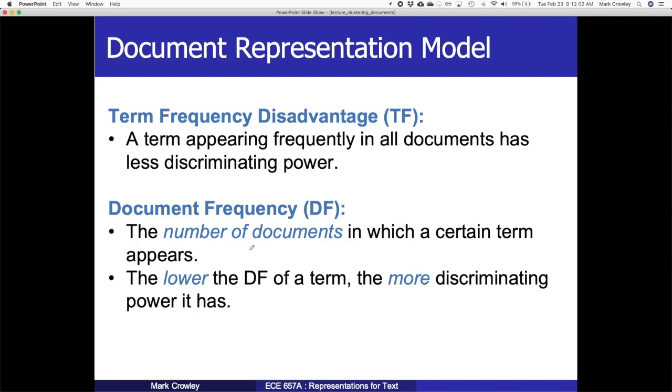So you could also talk about the document frequency: how many documents does a particular word show up in, just to tell you whether that word is useful or not. If a word shows up in very few documents, like equivalence, it's more discriminating, because it helps you distinguish the documents that have that word from the ones that don't. The word equivalence probably doesn't show up in many news articles.